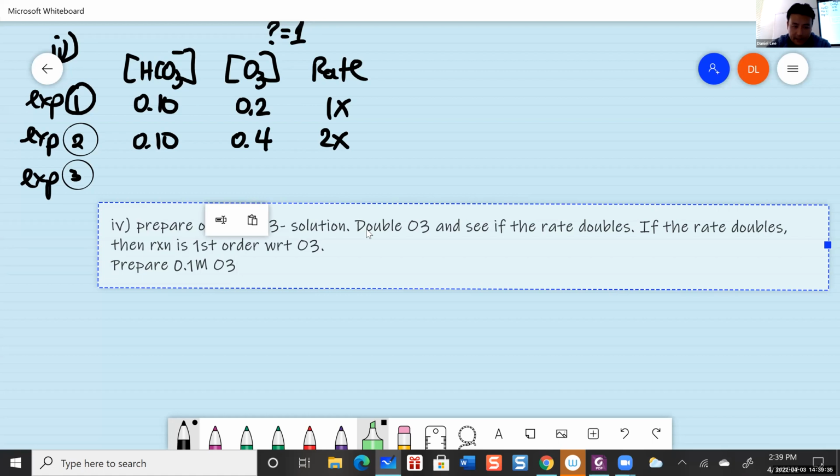Okay. Then you double the other one, right? Double the concentration of HSO3 minus, to see if the rate also doubles, right?